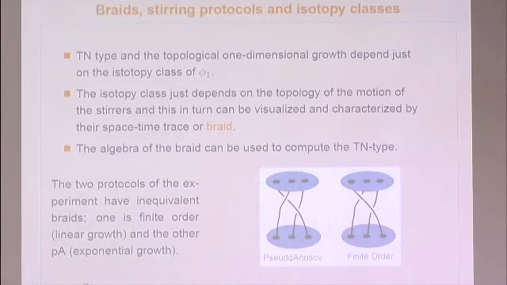All right, so here, I was getting a little ahead of myself, this all depends, as I've said several times, just on the stirring protocol, and in fact, technically on the isotopy class of the motion. And here are the braids of the two stirring protocols.